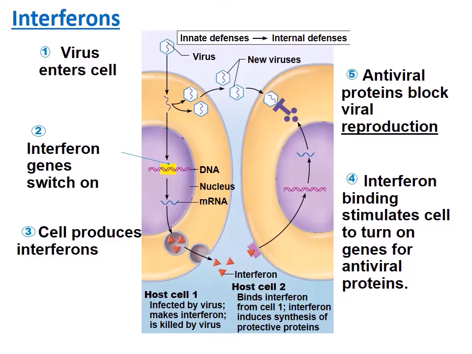And so the first host cell releases the interferons, and then the second host cell gets a message. So the interferon is like, hey, there's a virus. We really need to not let that happen. So it warns the second cell that the virus is coming. The interferon tells the second cell, okay, you need to make some antiviral proteins. The second cell makes antiviral proteins, and those proteins block viral replication or reproduction.